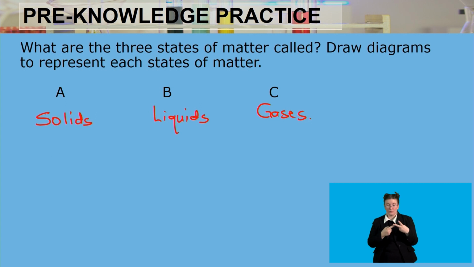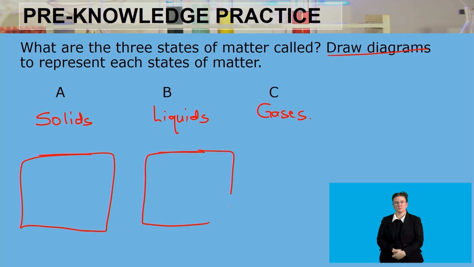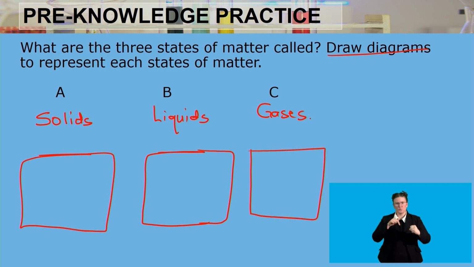Now, for the second part where we're supposed to draw, we're going to use blocks to draw our states of matter. Solids are closely packed together with little to no spaces in between the particles. So we have our solid particles closely packed together in a rigid state.